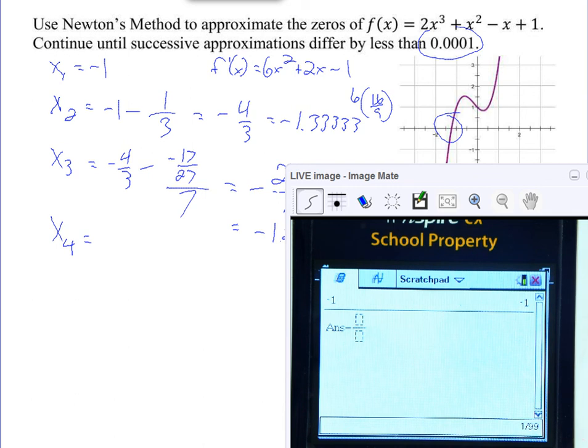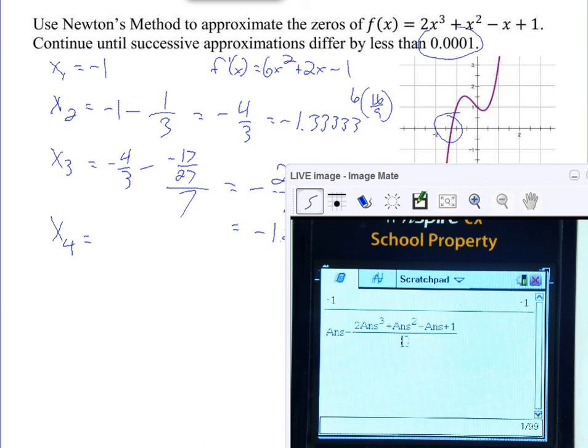You see the little box over a box. In the top, I'm going to type in my original equation. My original equation was 2, but it's not going to be x, it's going to be answer to the third. Then plus answer squared. Then minus answer. Then plus 1.